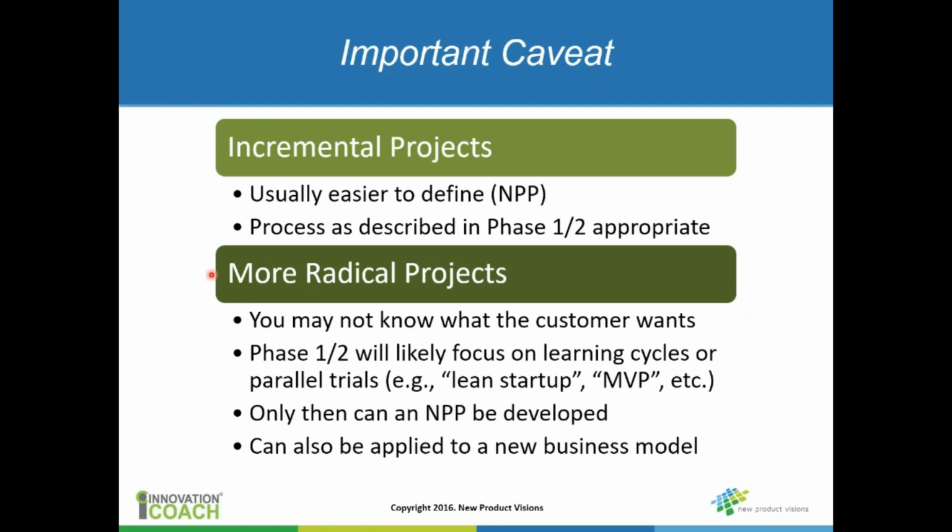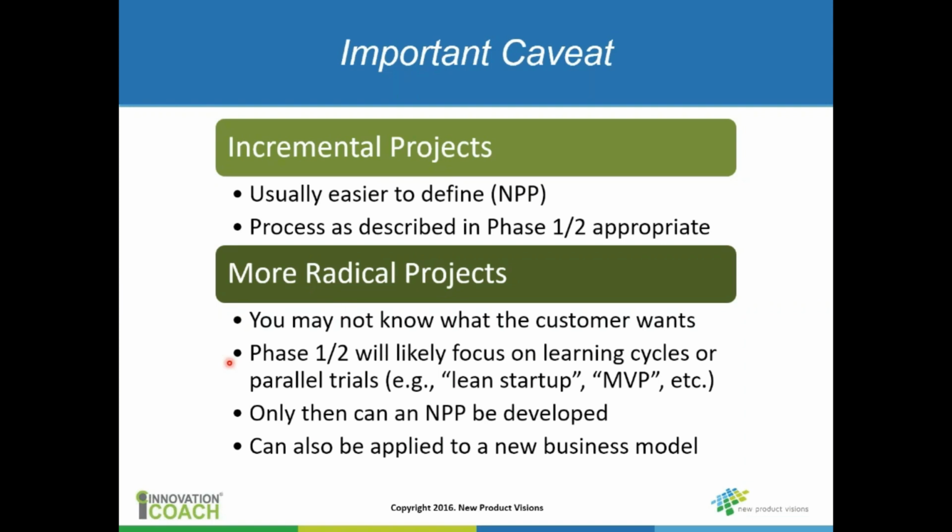But you have to think about, if you're developing a more radical product, maybe something brand new to your company or new to the market, or maybe a brand new business model, you may not even know what the customer wants. So trying to sit down and develop a marketing document might be a waste of time.